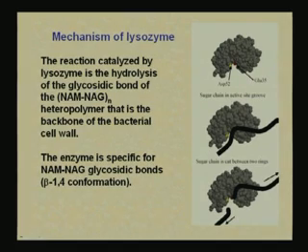This we will study in more detail when we do carbohydrates, but for now, it suffices to know that a glycosidic linkage links the two sugar molecules together. What are these sugar molecules? There are two sugar molecules here. One is called NAM and one is called NAG. We will see what these mean in a moment.